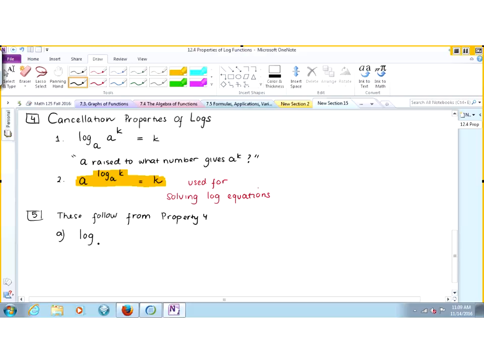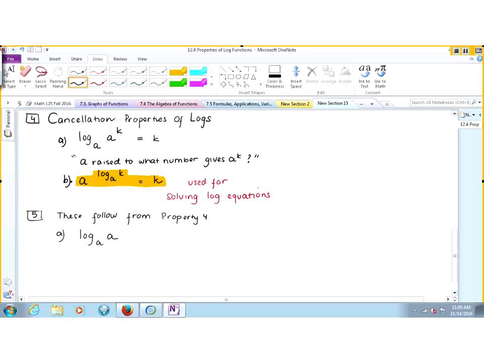All right. What about if I have log base A of A? What's my answer? What is log base A of A?